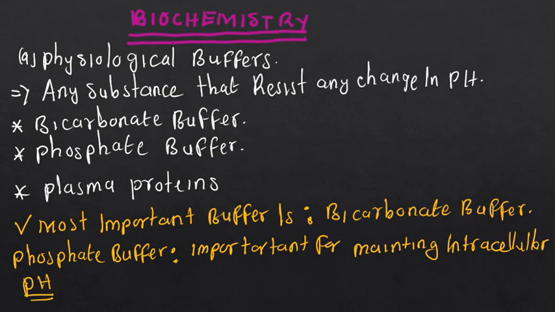So which buffer system is important for maintaining intracellular pH? The phosphate buffer. Which one is the most important buffer? The bicarbonate buffer.